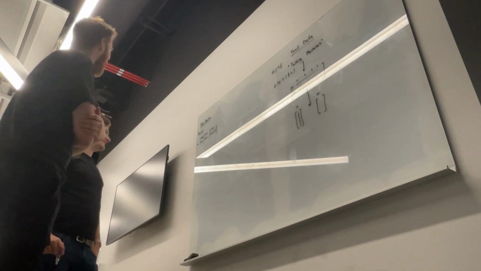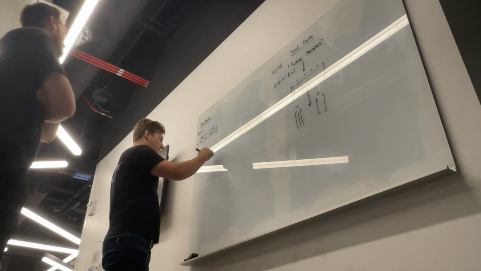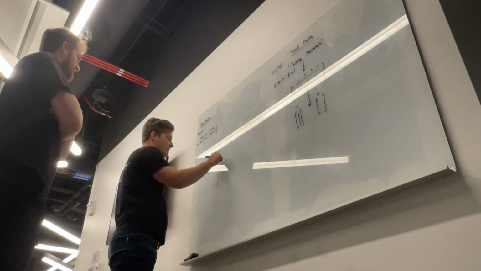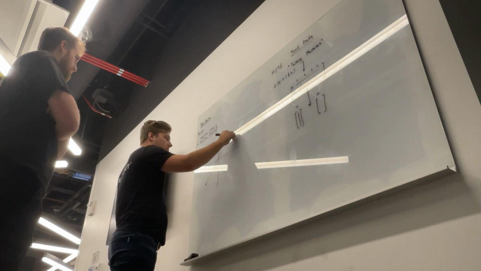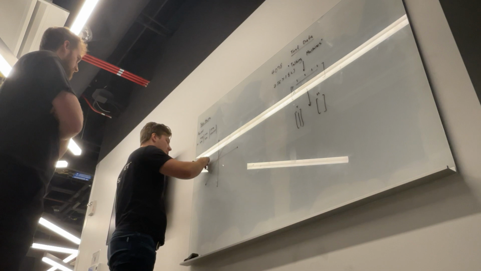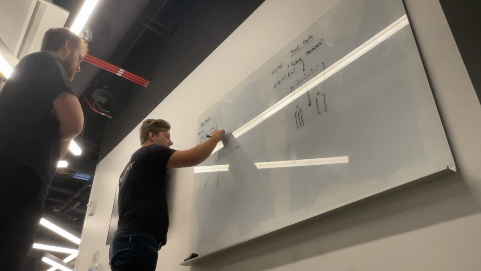So what we're going to do here, we're going to create a 3D plot. So here's our x-axis, here's our y-axis, here's our z-axis.